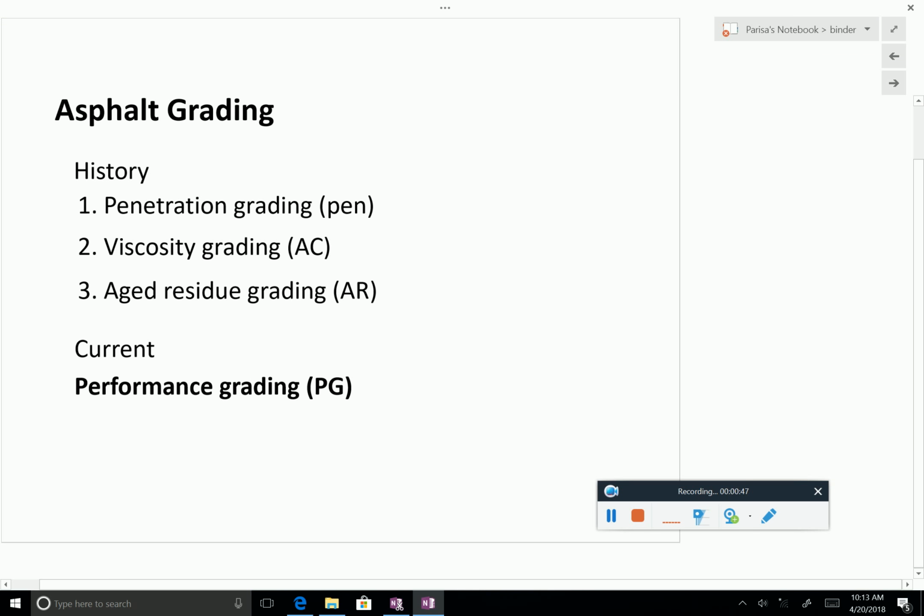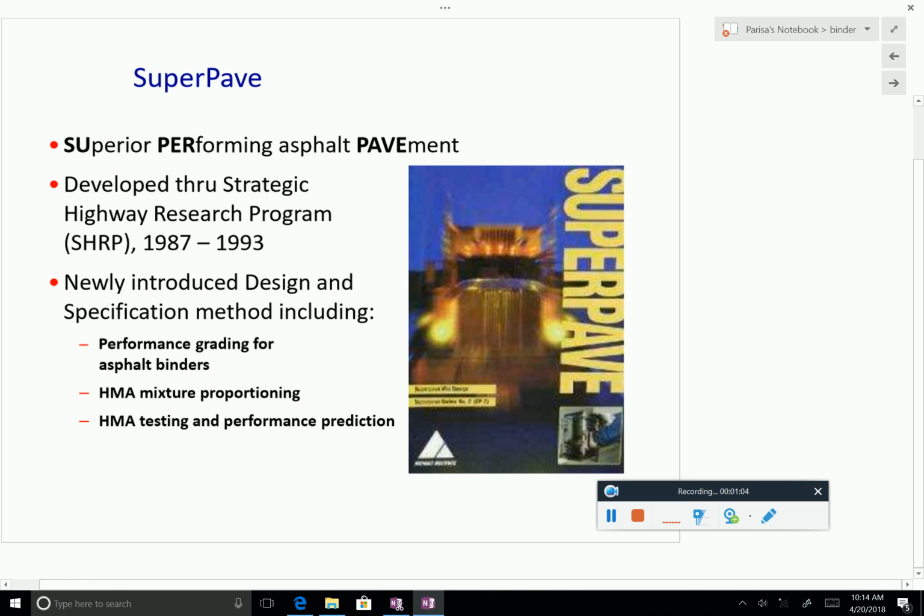And in the past, there were different kinds of grading. As you can see, items 1 to 3. But the one that we are using is performance grading, and it is called PG. And this is what we want to start off with.